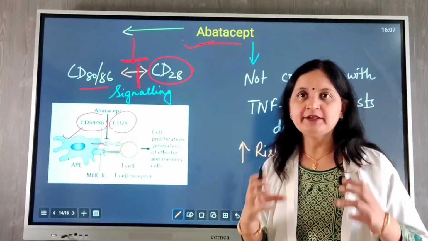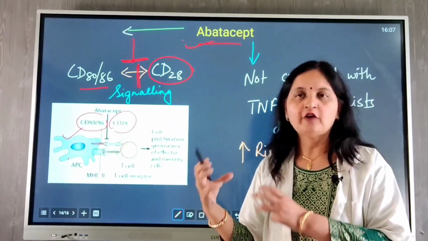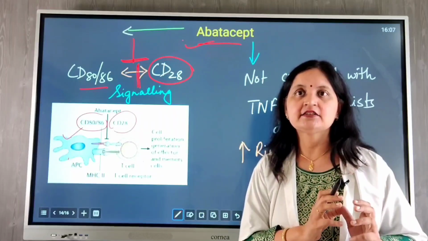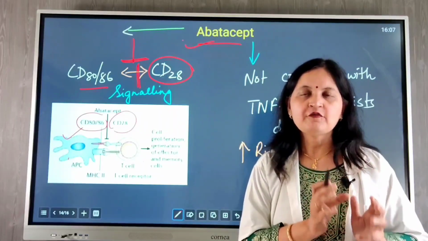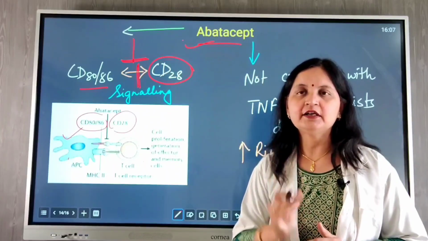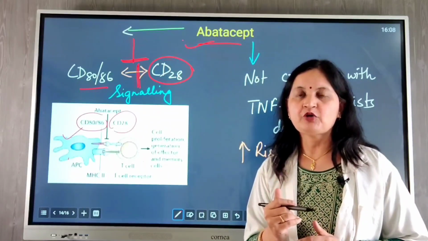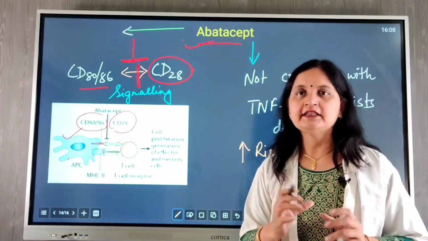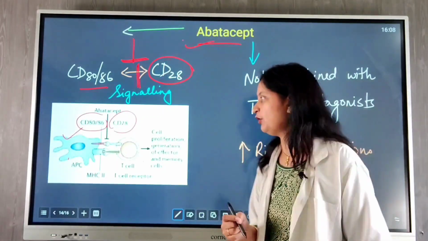So the signal between CD28 of the T cell and the CD80 and 86 of the macrophage or the antigen presenting cell is blocked, and this further blocks the inflammatory process, the autoimmune response, the T cell activation is blocked, and this helps to control the immune response.